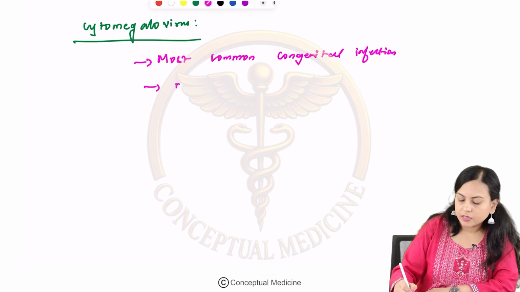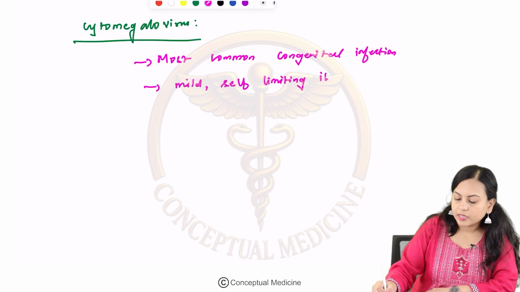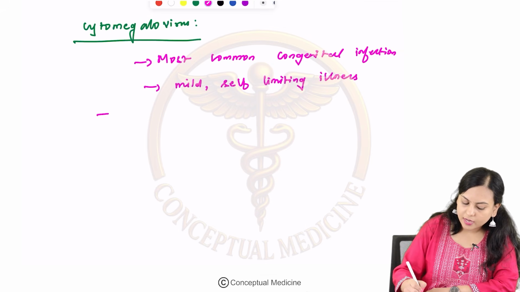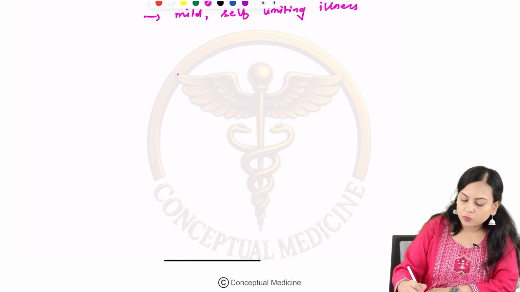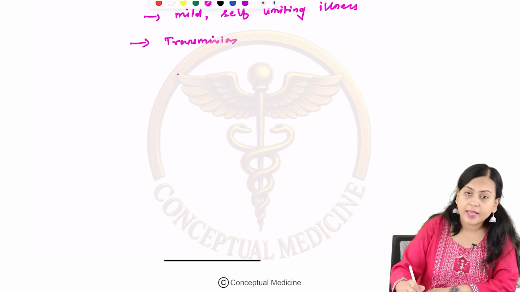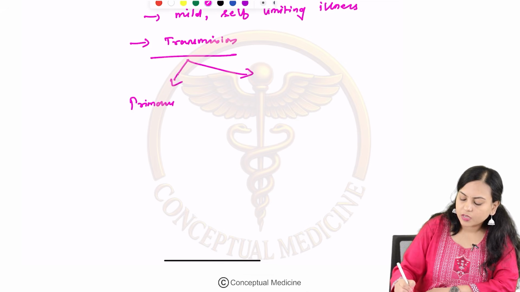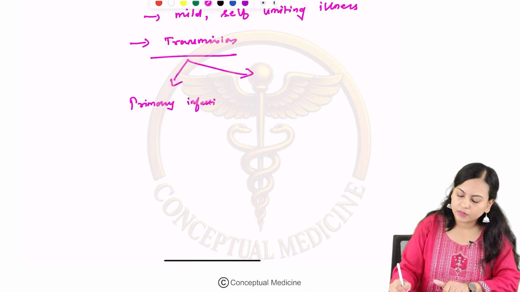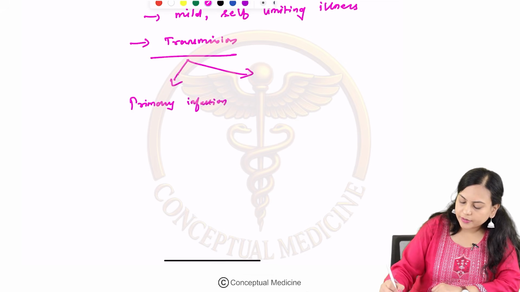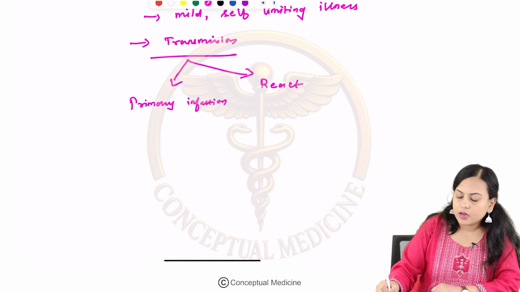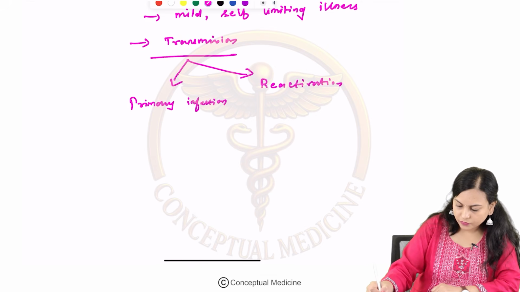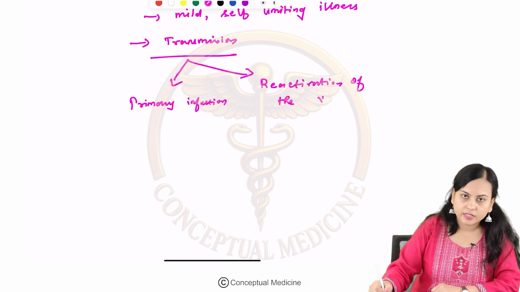And usually it produces a mild, self-limiting illness. And if you see how the transmission occurs, the transmission occurs either by primary infection or it can occur through the reactivation of the virus.